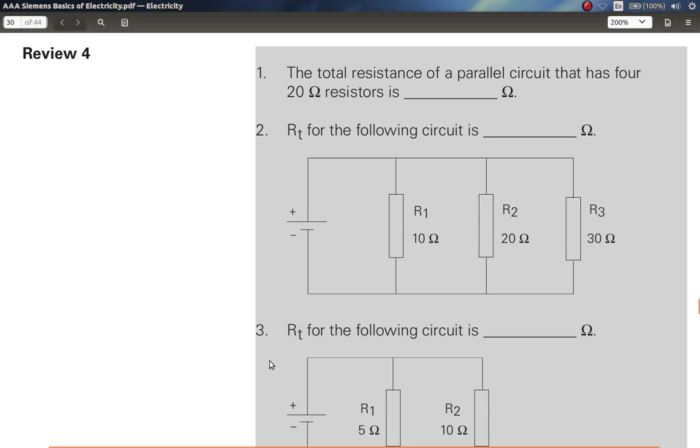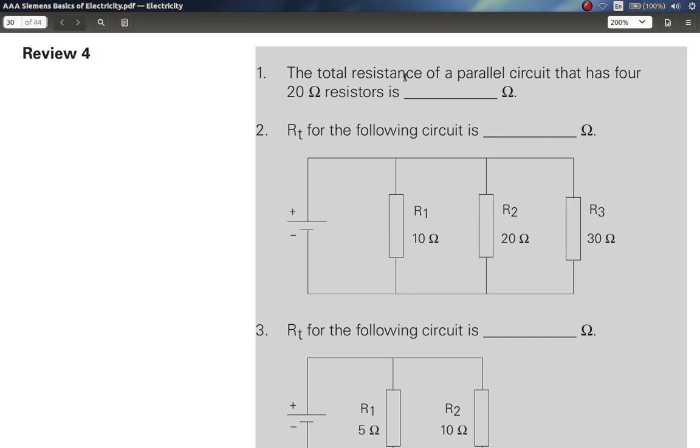Alright, so we have a review. The total resistance of a parallel circuit that has a 420 ohm resistor is, I want you to calculate it and let me know what it is. You can place it in the video description.